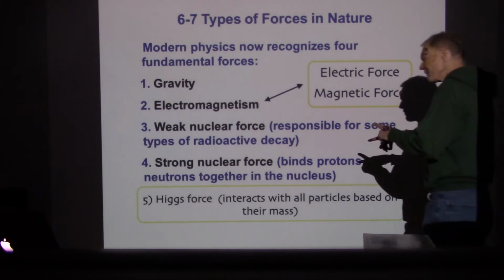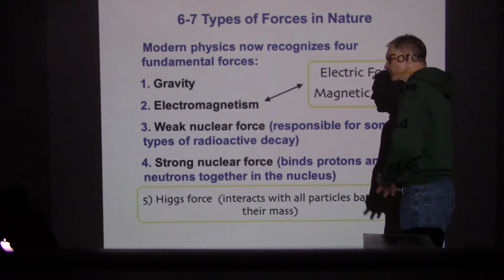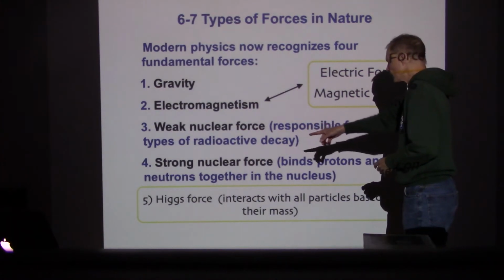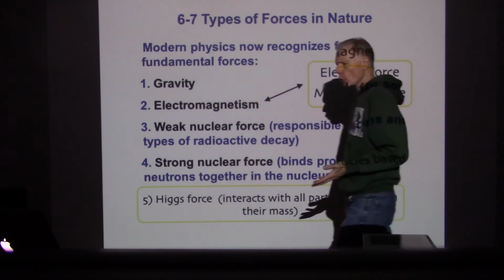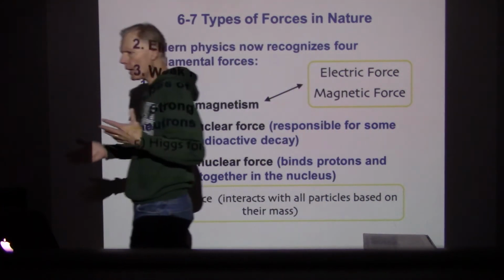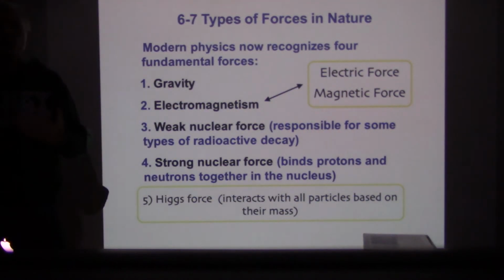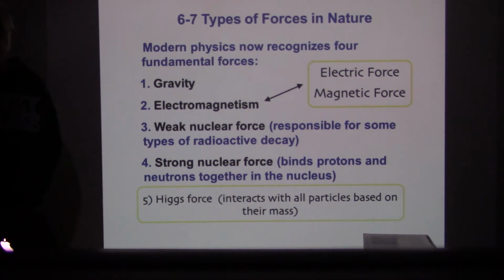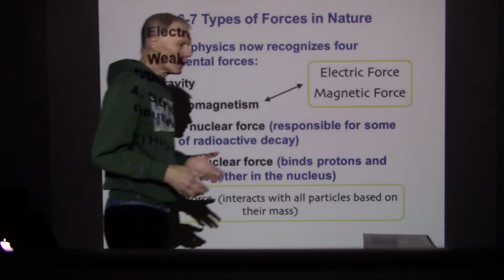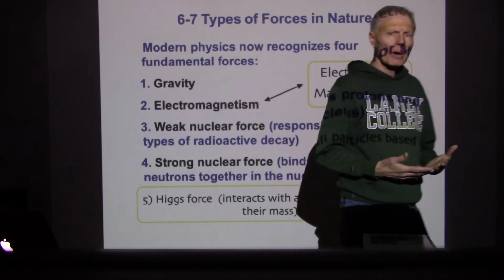Now there's this other effect that's out there. I'm going to call it the Higgs force. I don't know if you guys have heard any of these news stories or popular stories about the Higgs boson as being the missing piece, the last piece to fit the standard model of particle physics.